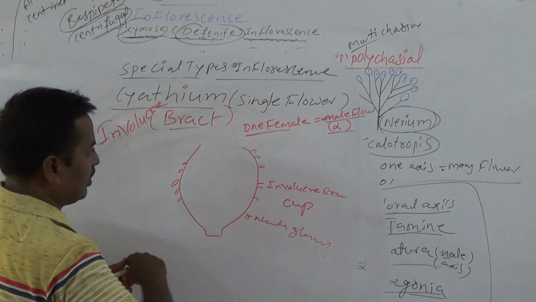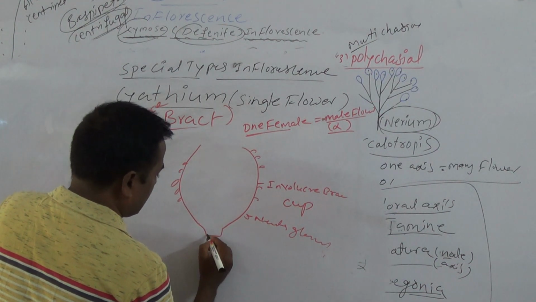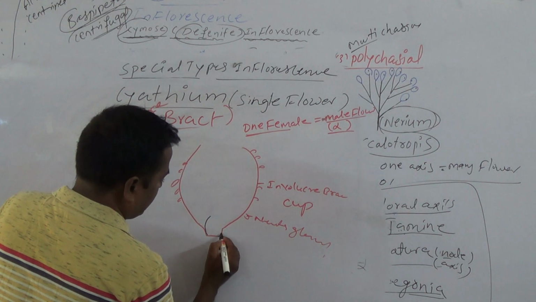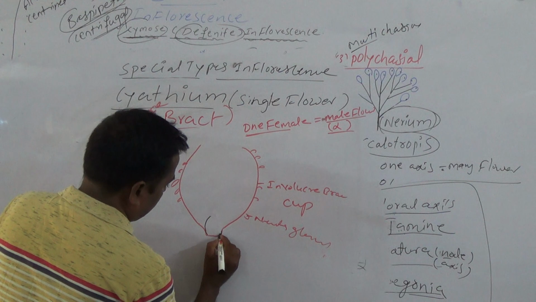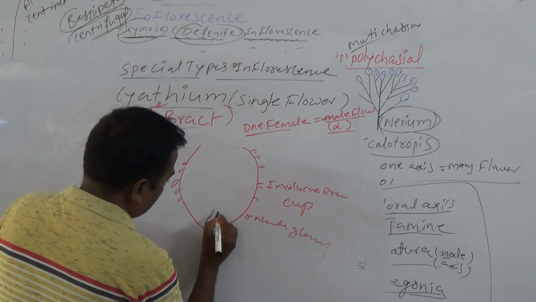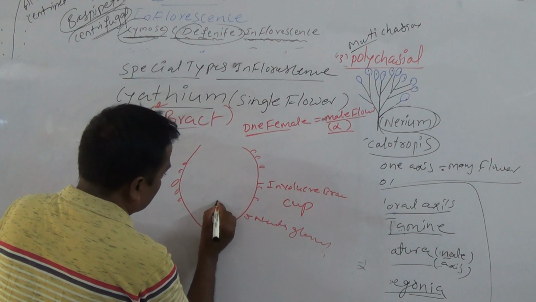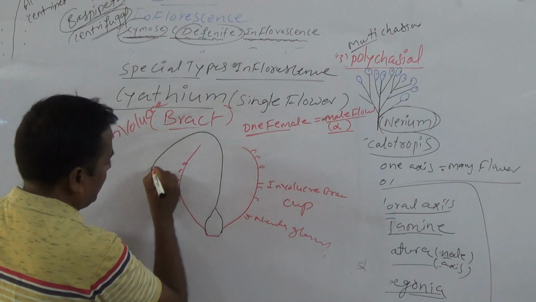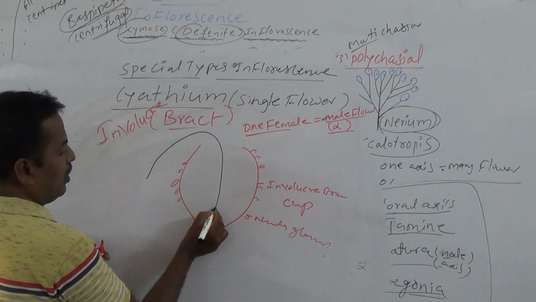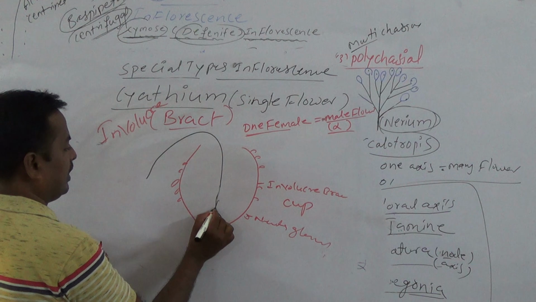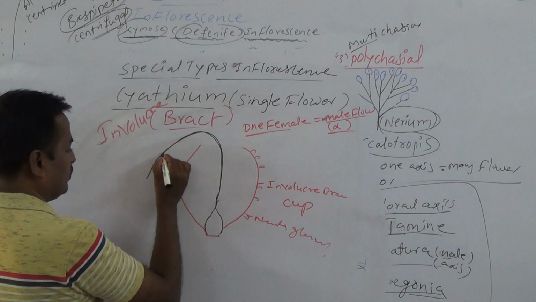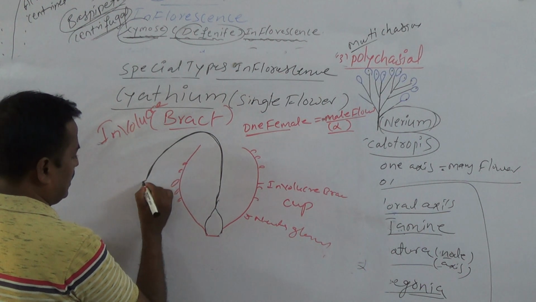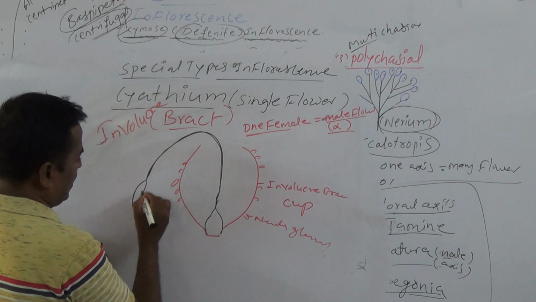The female flower's position is the center of the axis. Now this is the female flower. What is its position? Center of the inflorescence. This is the female, with a very long style. It has a very long axis. And there are tricarpellary ovaries.